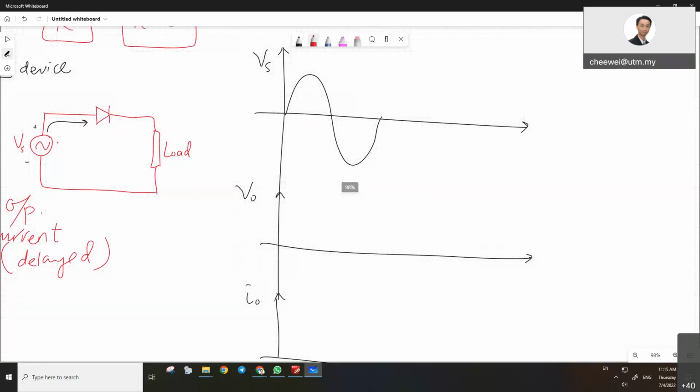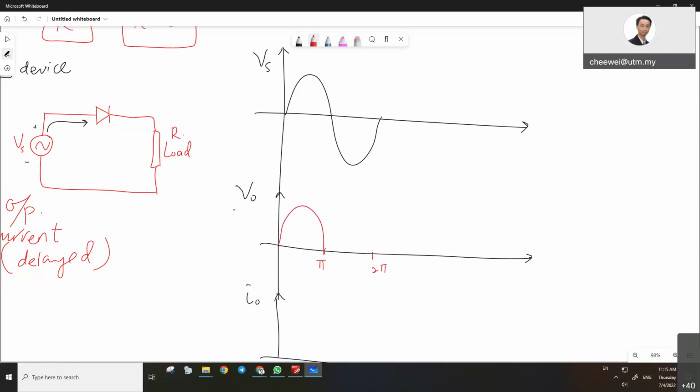So have a look at the left-hand side circuit. This is uncontrolled because of using diode. So you expect that the output is always following the input, yeah, because we're focusing on the R load first. So the output is what? Let's say this is pi and this is 2 pi. So during the positive half cycle, do we get the output?